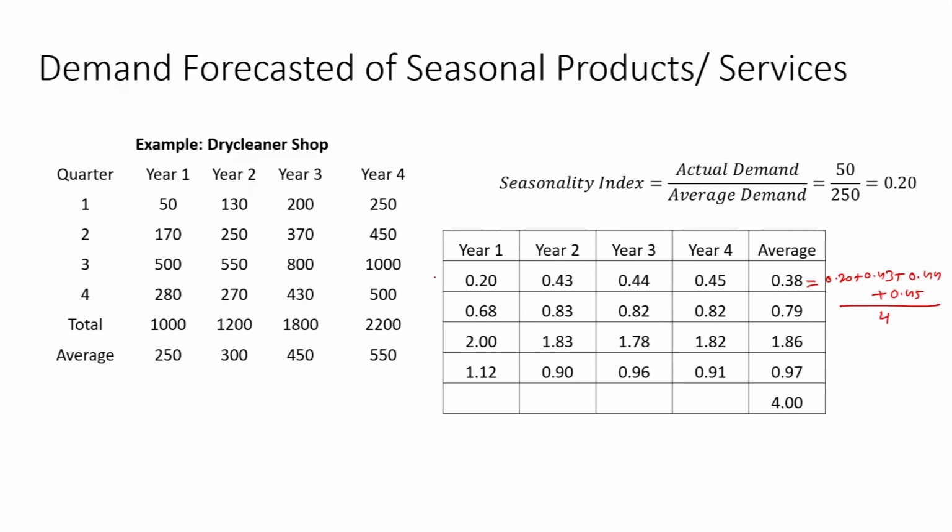Similarly, this is for quarter 1, this is for quarter 2, this is for quarter 3, this is for quarter 4, and like this I am getting the average seasonality of different quarters: 0.38, 0.79, 1.86 and 0.97. So, the average total is 4. Okay. Now, go to the next step.